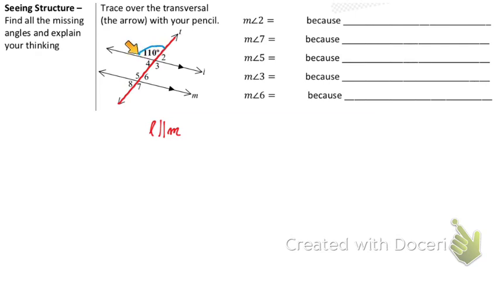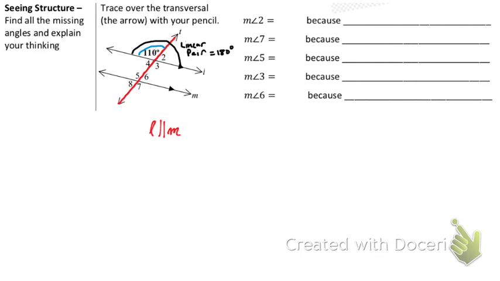What you should notice is 110 and angle 2, this relationship here is called a linear pair. And linear pairs add up and equal 180 degrees.